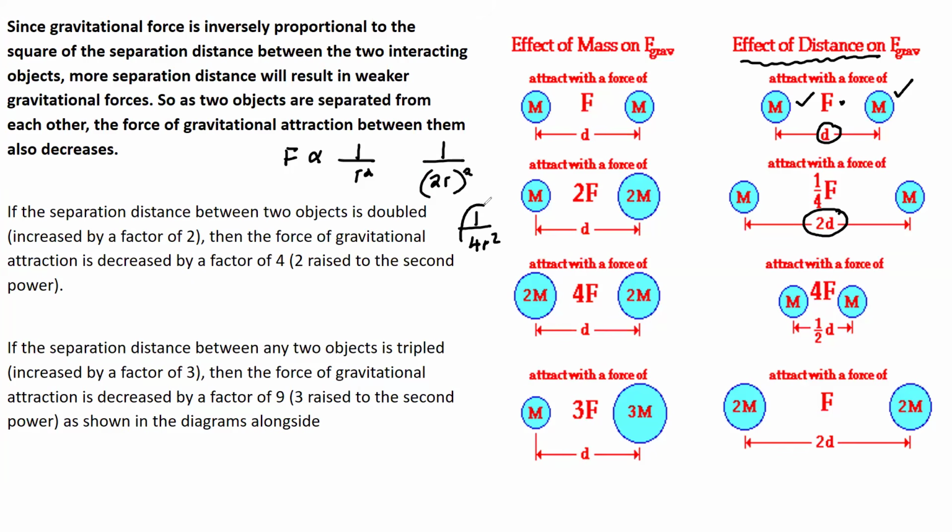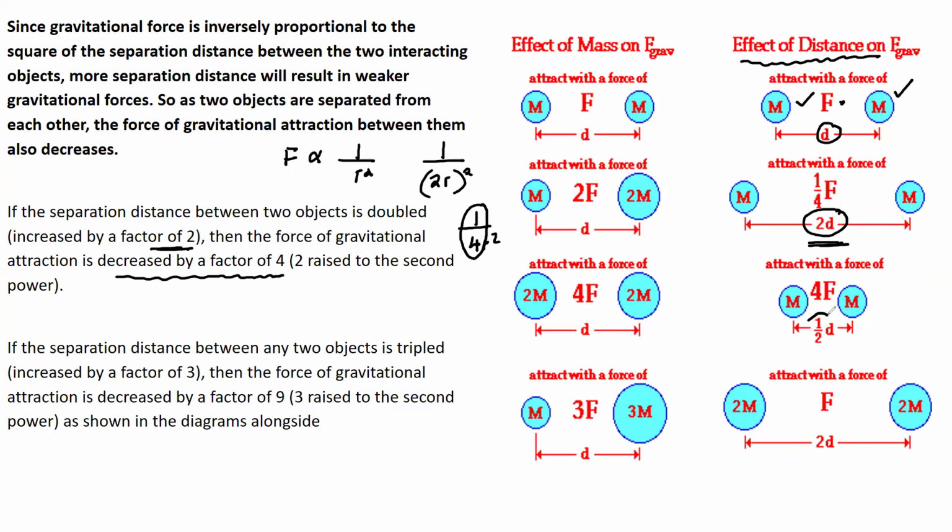So your force is now a quarter. So increasing the distance between objects decreases the force. If you increase the distance by a factor of 2, then the force is decreased by a factor of 4, because you raise the 2D, 2 squared. So it's 2 squared, which is 4. So it's a quarter force, because you must remember that the greater the distance, the less the force.